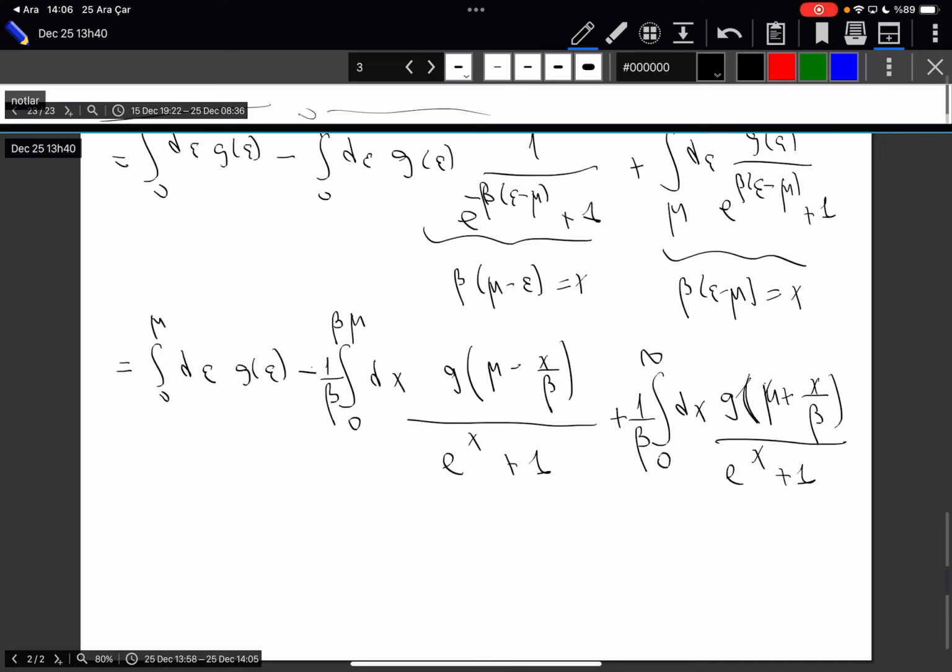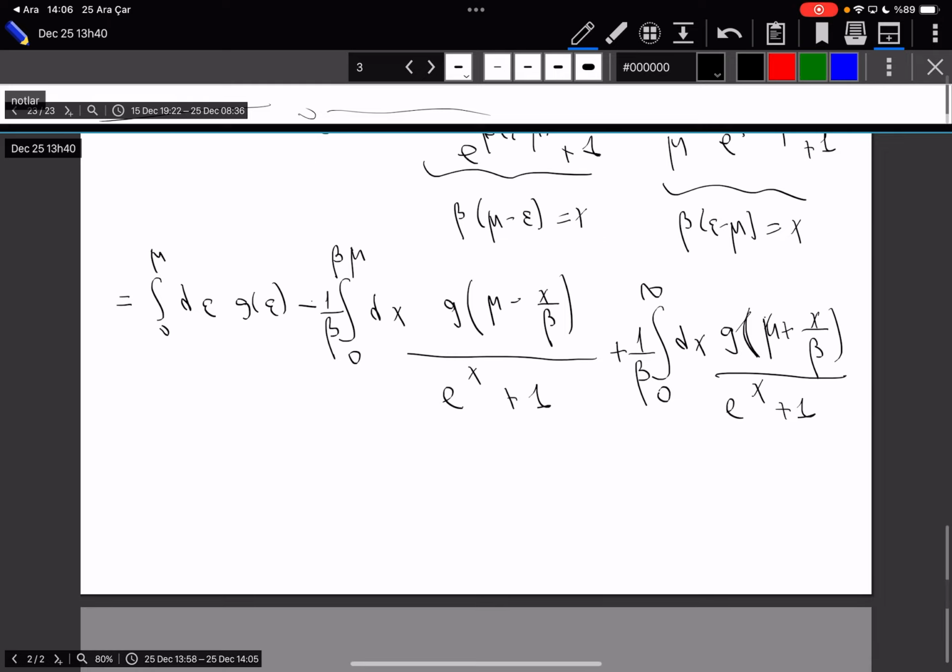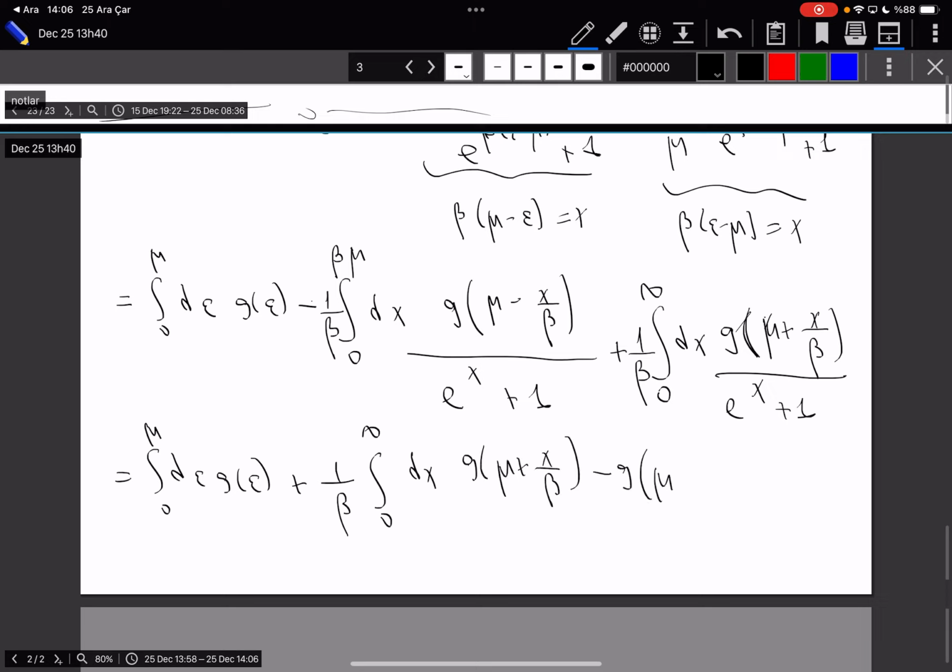So whether the upper limit is beta mu, a huge number, or infinity, it won't make any difference. So this will be integral 0 to mu d epsilon g epsilon plus 1 over beta, integral 0 to infinity dx, g of mu plus x over beta minus g of mu minus x over beta, divided by e to the power x plus 1.